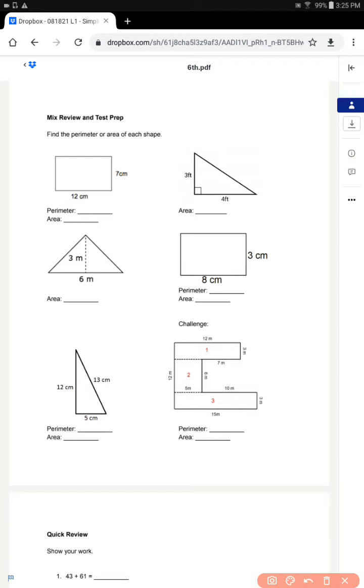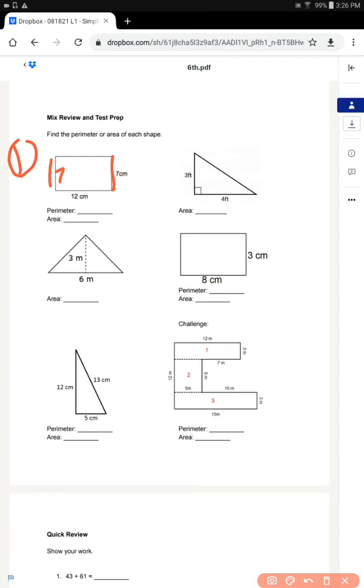And we're looking at finding the perimeters and the areas of these shapes. So let's just go with number 1 right here, I guess. So if you remember the formula for perimeter, well, the perimeter is pretty easy to remember. You just add up all the sides. So since this side is 7 centimeters, that means this side is also 7 centimeters.